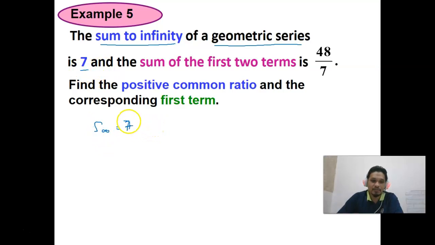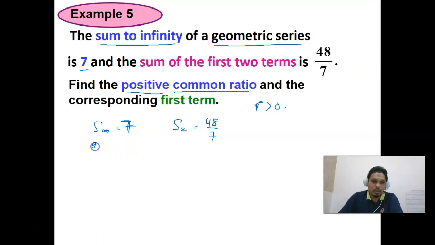This is the first piece of information we can get from the question. And the sum of the first two terms, S2, equals 48 over 7. Now find the positive common ratio, which is r greater than 0.